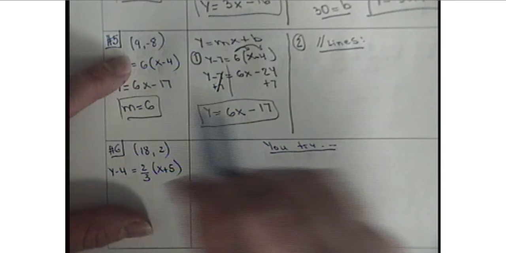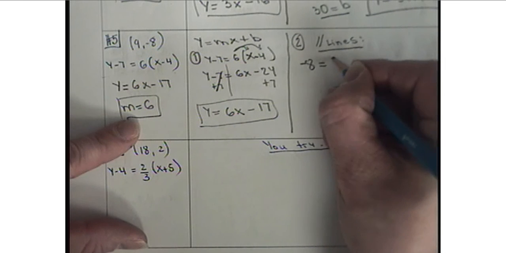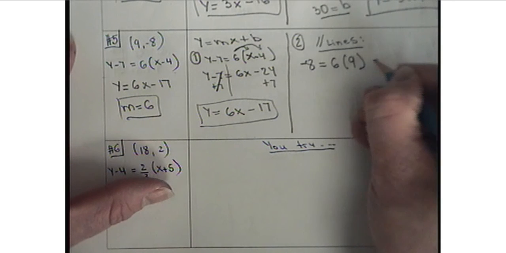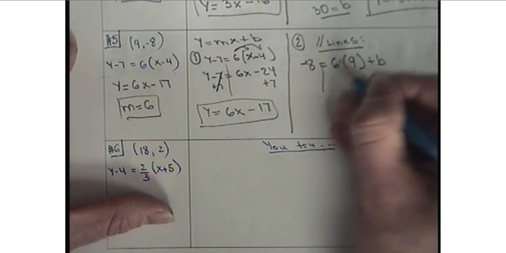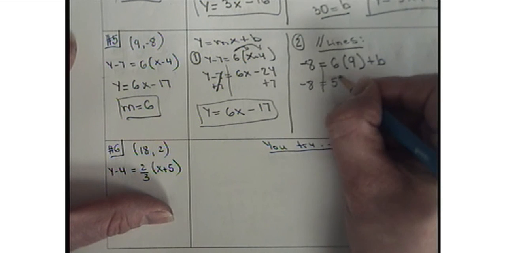So the second step for parallel lines will be, we are using the coordinates of the point, so y is negative 8 equals the slope, 6, times the x coordinate, 9, plus b. Solving for b, negative 8 equals 6 times 9, which is 54, plus b.